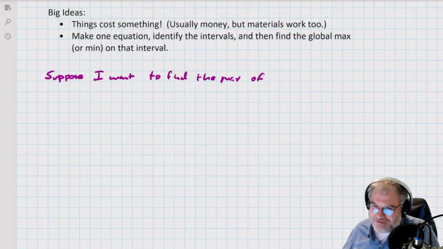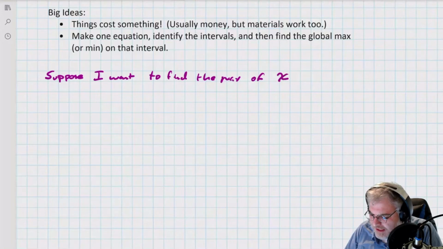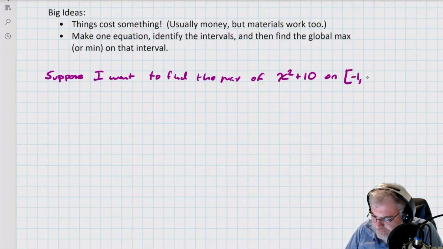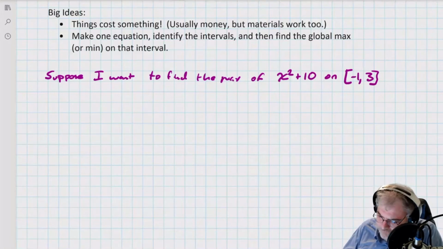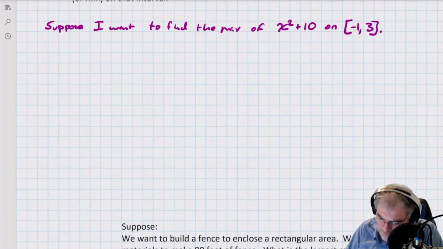Suppose I want to find the maximum of a function on a closed interval, and I already know how to do this. Let's say it's x squared plus 10 on -1, 3. What do I do in order to find this?